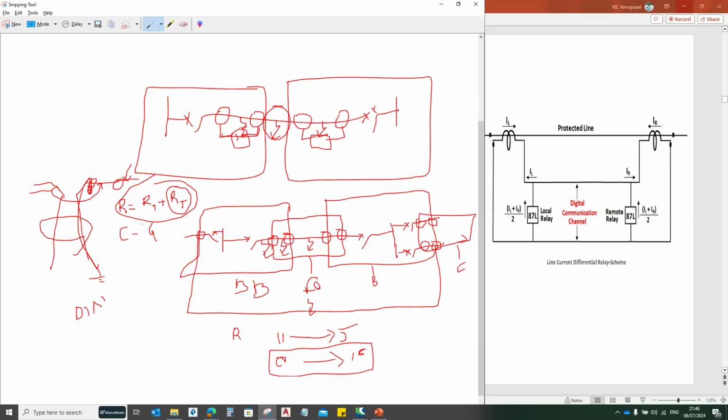When you select, say, 80% of the impedance for the protection operation, because of this fault you have additional resistance in the system, so it may become 82% or 83%. In that condition, the relay will detect the fault and trip the circuit breaker, but it can't indicate the exact location of the fault because of these additional resistances.